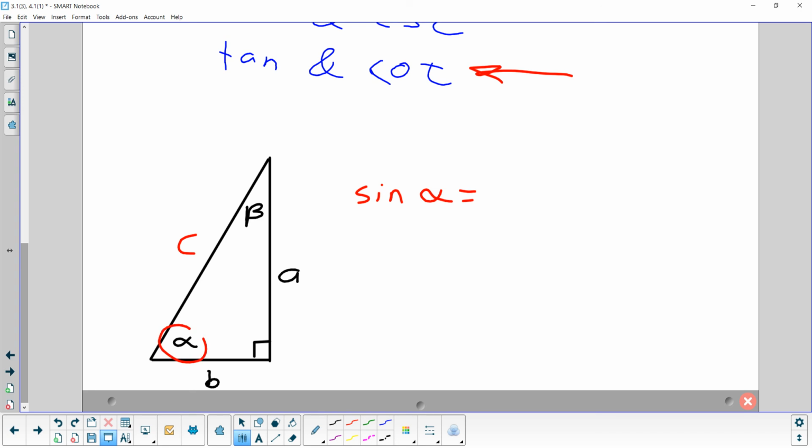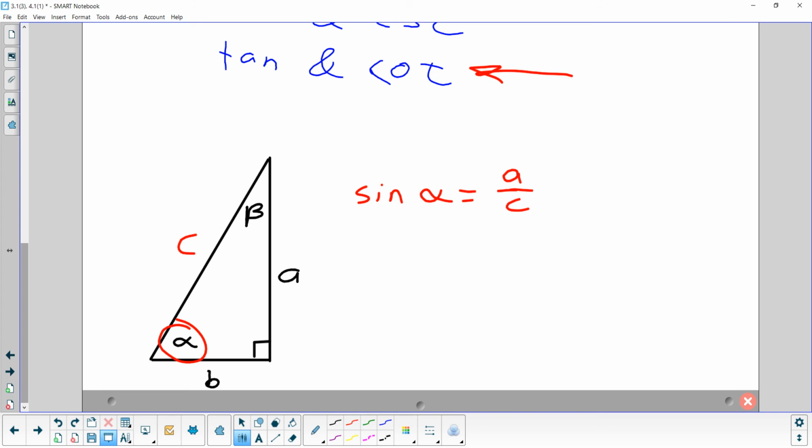Remember, this is your perspective. Think of the definition of sine, and then look at what's in the 2 letters that are in the spots for the definition you're going to use. Yeah, Jacob? A over C. Opposite over hypotenuse is A over C.